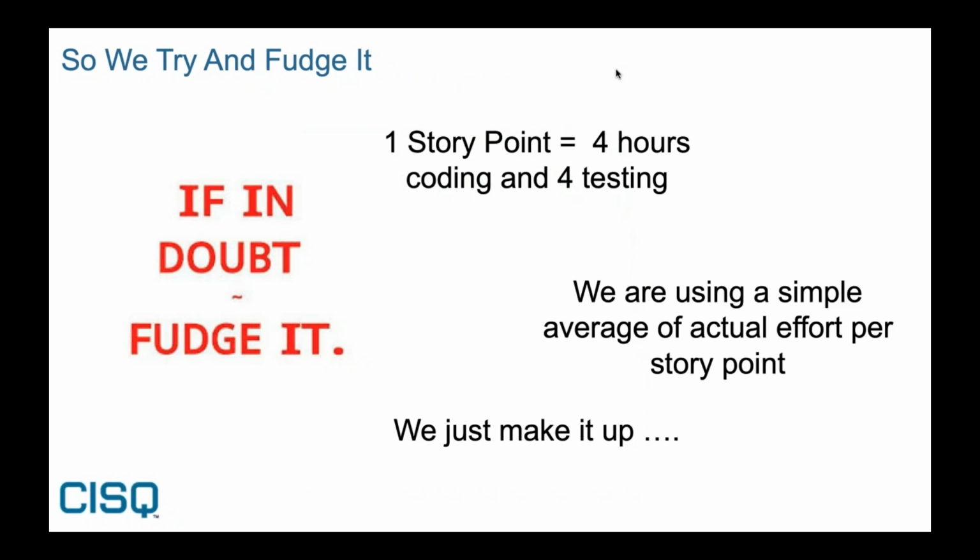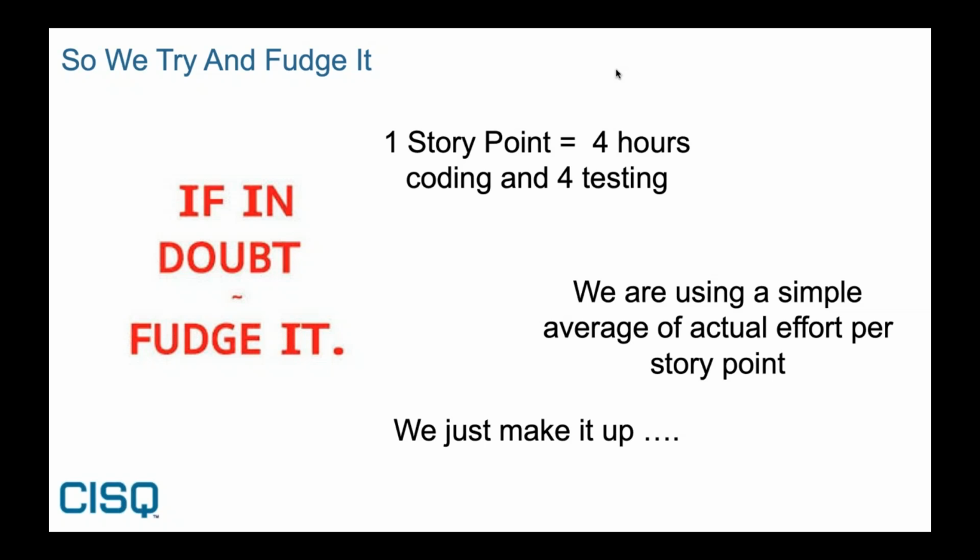So what are people doing? We're fudging it. Probably about 8 years ago, I actually wrote a paper, and I'm going to put my hand up here and say, I wish I had never written this paper. It told Agile teams how to fudge the sizing question. These were some of the things that I talked about: having a standard number of hours per story point, which basically means you end up using ideal days. You're not using story points anymore, you're using ideal days.